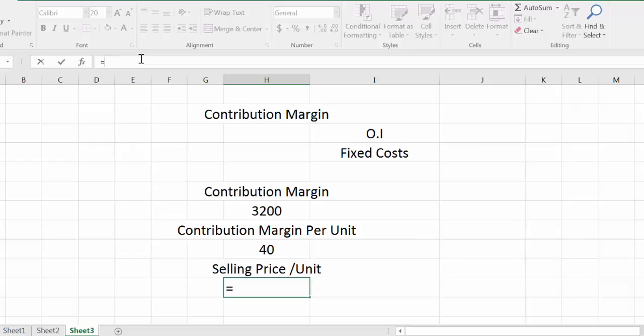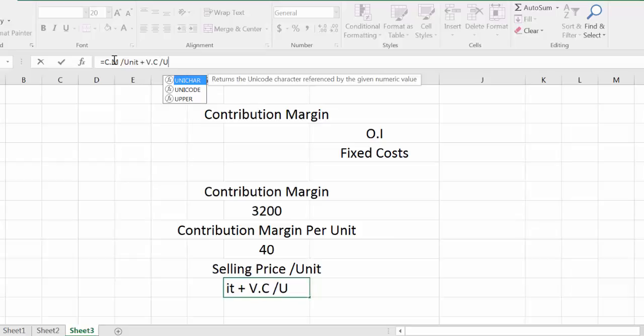In this case, we know that the variable cost per unit is $120 each, and the contribution margin per unit is $40. So the selling price per unit is simply the contribution margin per unit plus the variable cost per unit.